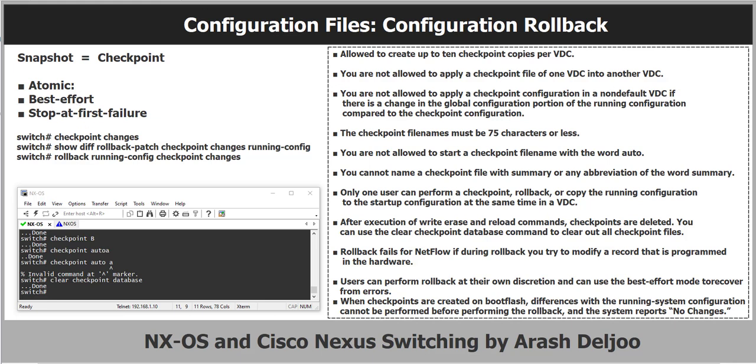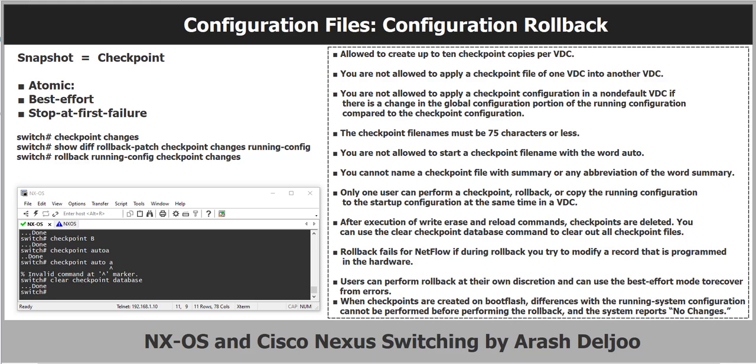And finally, when checkpoints are created on bootflash, differences with the running system configuration cannot be performed before performing the rollback, and the system reports no change. Yes, some of them are not clear because we need to encounter them in future videos, maybe in your practical experience.